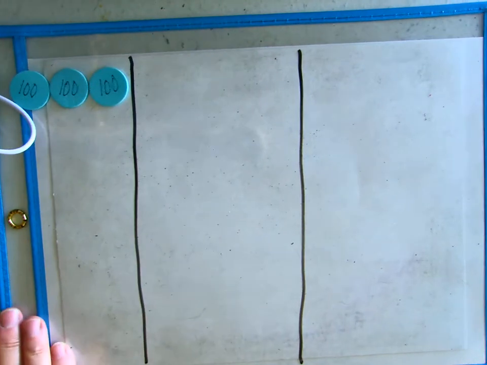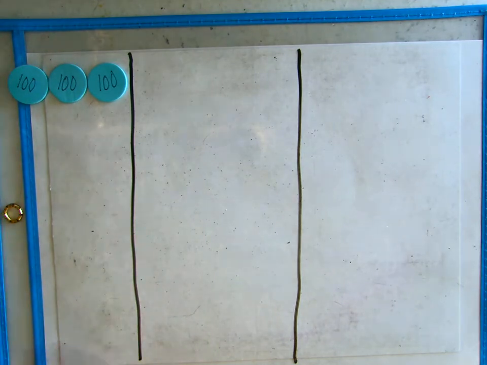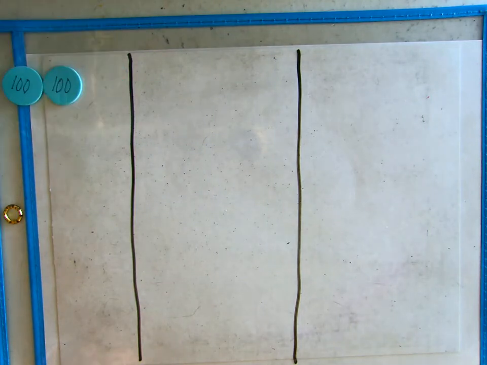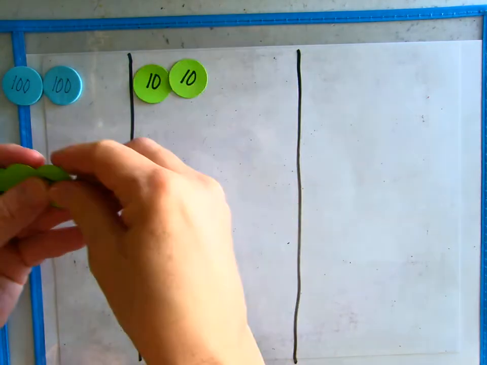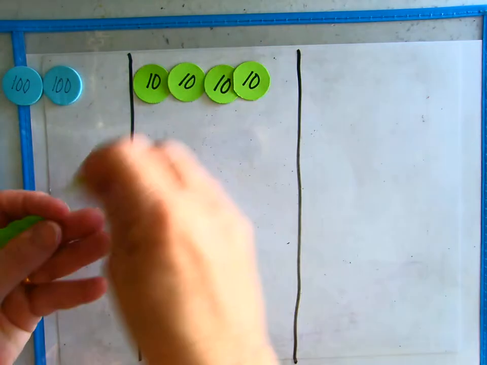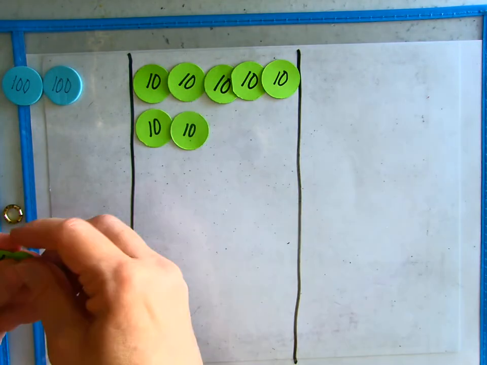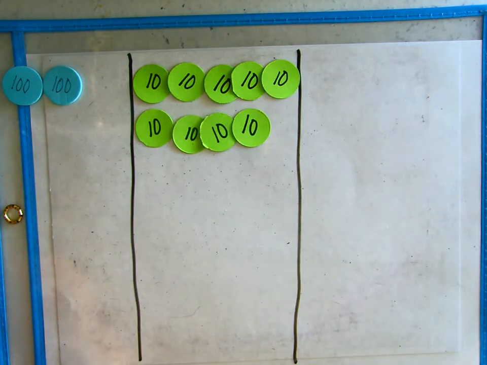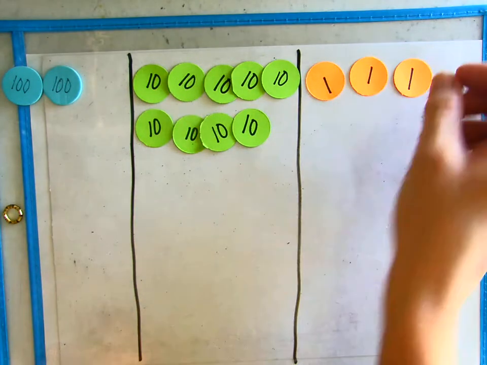And my chart isn't quite big enough for me to be able to put them in the 5 groups. But I will work on that for my tens and my ones. I have 9 tens. 10, 20, 30, 40, 50, 60, 70, 80, 90, and 3 ones. 91, 92, 93.